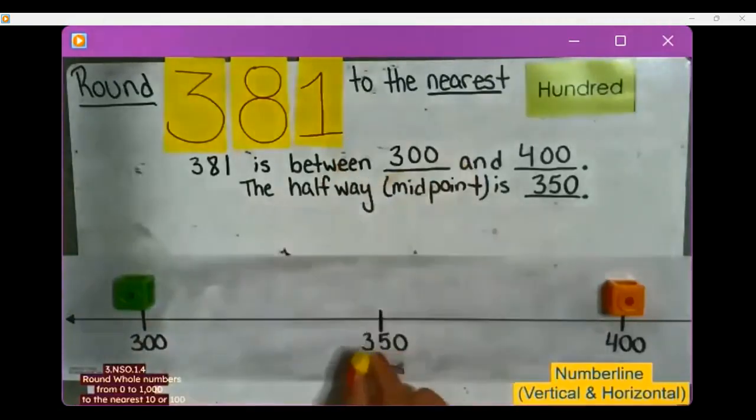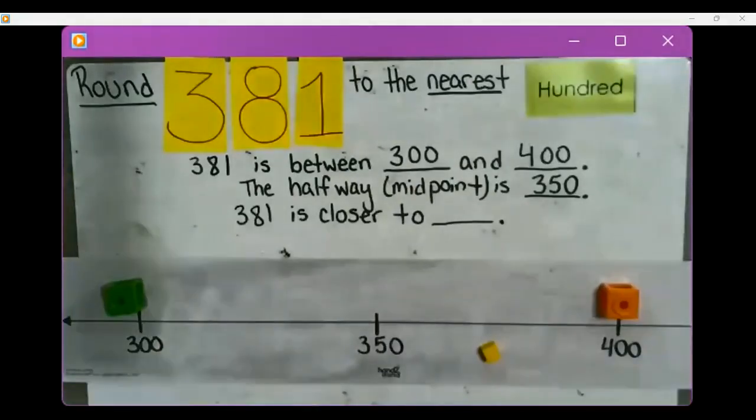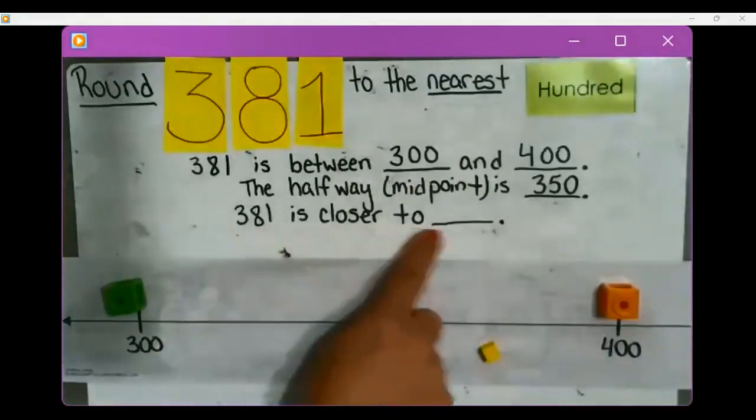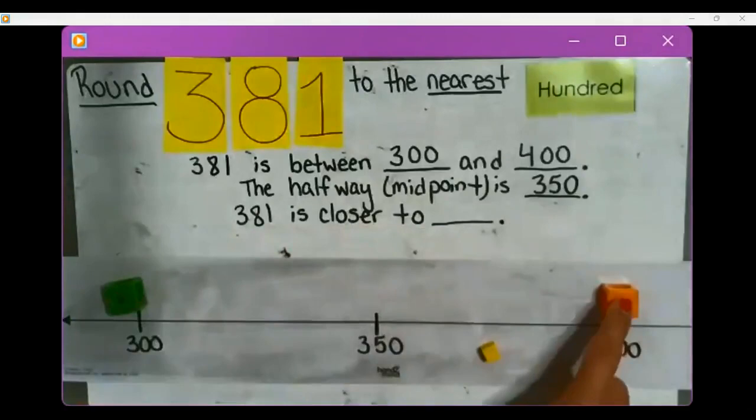I have students place on the number line where they think the number would go, not really focusing so much on the tens, because right now we are focused on rounding this to the nearest 100.